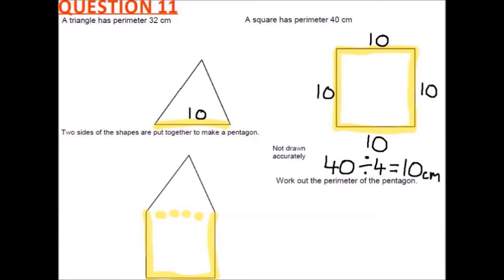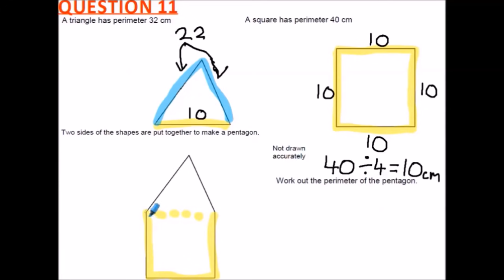And so if that bottom side's 10, then the other 2 sides, in some order, in some combination, we don't really know exactly, these 2 here must total 22. Because these 22 plus that 10 needs to give us the 32.